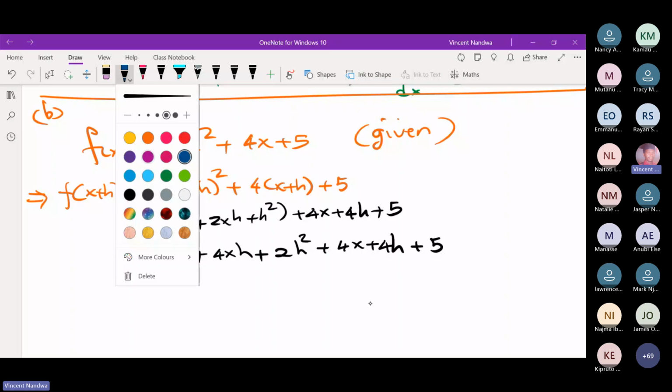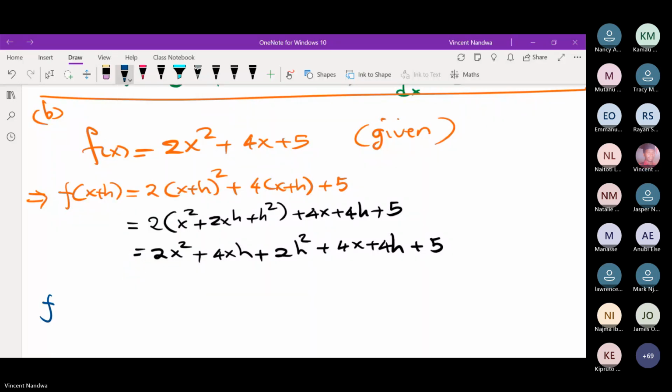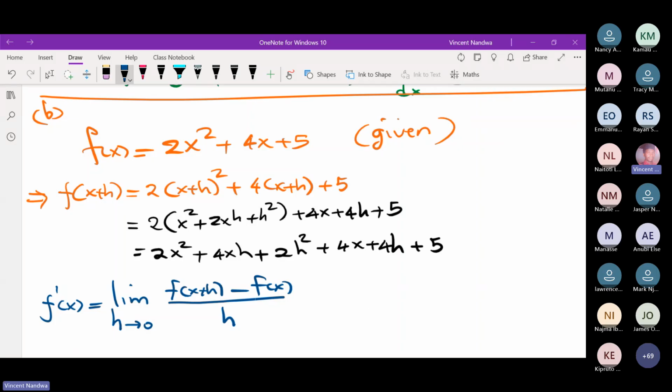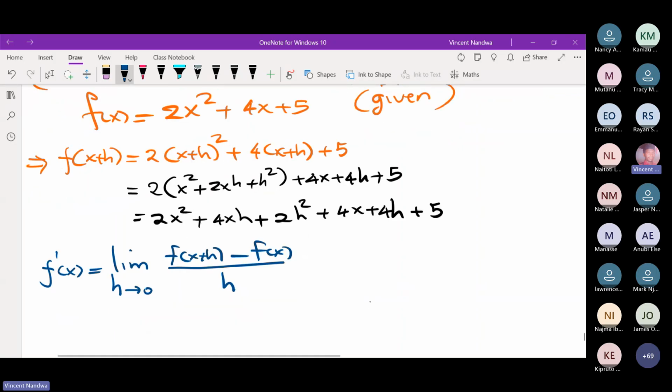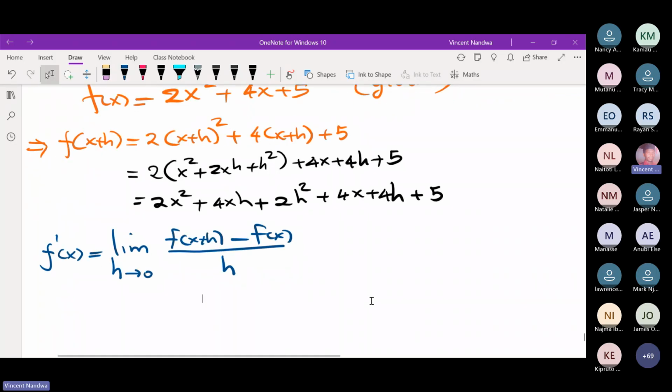So therefore now, by definition, f prime of x is given by limit as h approaches 0 of f of x plus h minus f of x divided by h. So this is the definition of the derivative using definition. Then this will be limit as h approaches 0 of now.